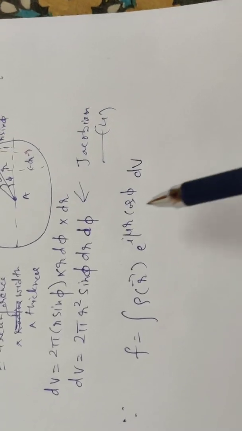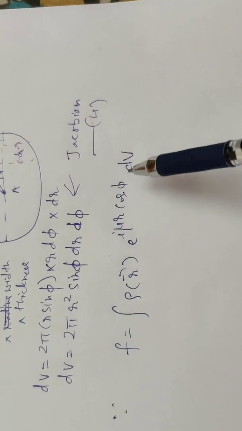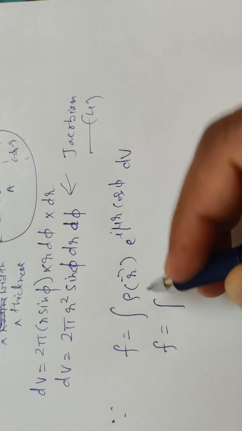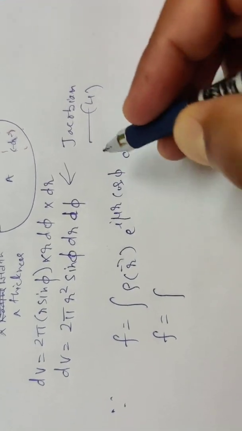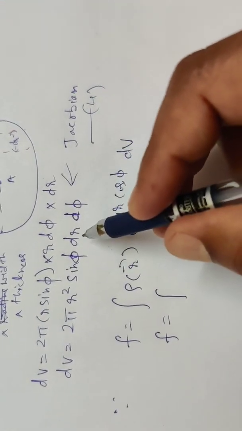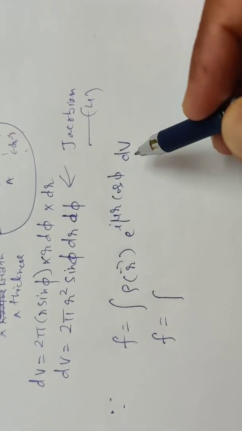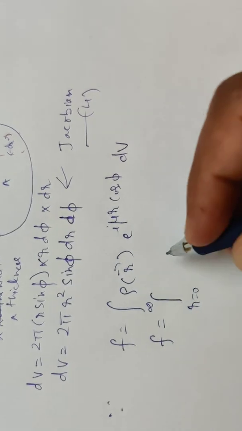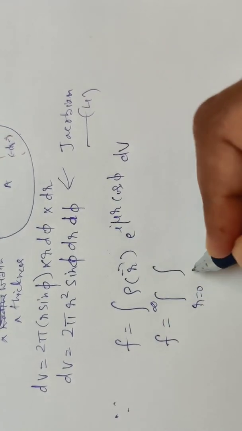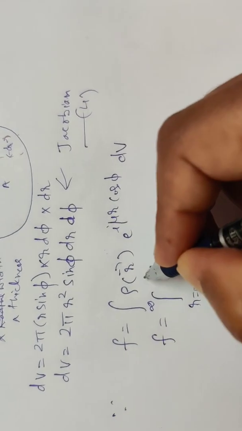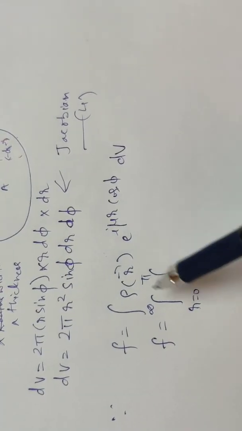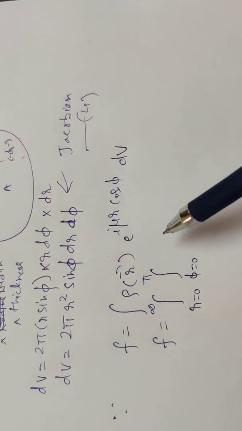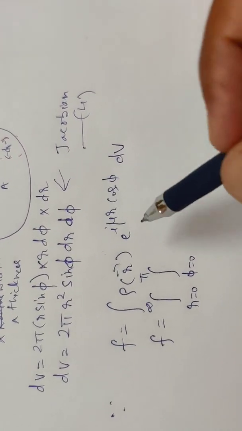Now if you put this value of dv into this equation, we will get f. There will be two integrals: first for dr, from r equals 0 to infinity, and another for phi from 0 to pi. The value of r in spherical polar coordinates is 0 to infinity, phi is 0 to pi, and theta is 0 to 2 pi.